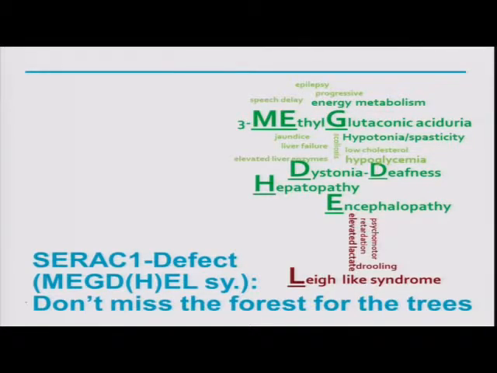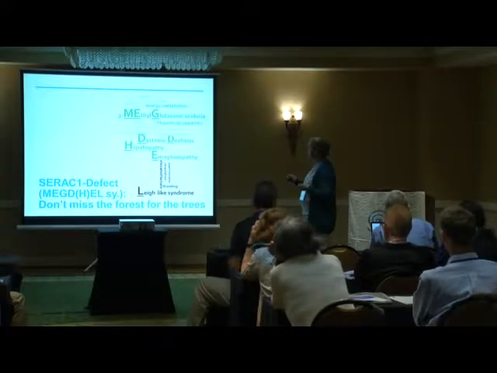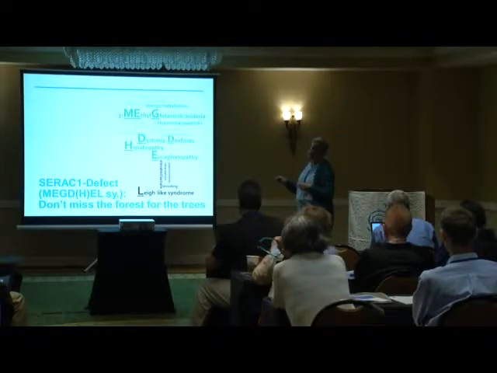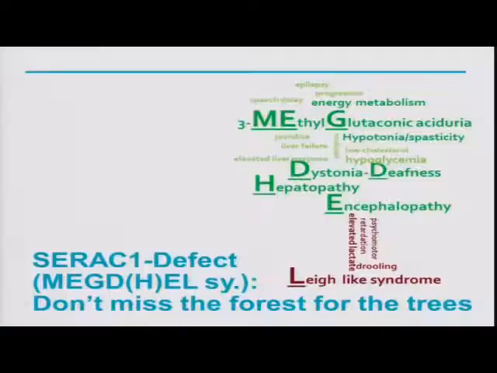In 2006, I described 4 patients with a disorder we called MEGDEL syndrome, based on the acronym of the most distinctive features, and the first was 3-methylglutaconic aciduria. They all had the very rare clinical symptom of dystonia combined with deafness, and they had an encephalopathy and a Leigh-like syndrome on the MRI.